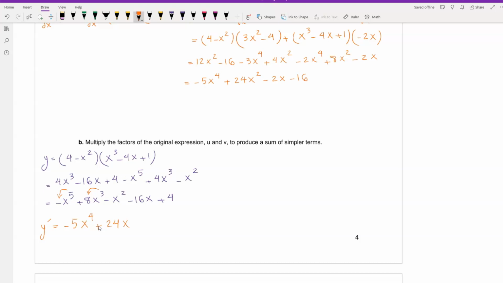X power is 3 minus 1, so that is 2. Then here power, move that to left side, meaning that we have to multiply 2 times -1, so that is -2. X power is 2 minus 1, so that is 1. Minus, here power is 1, so 1 times -16, we have -16.